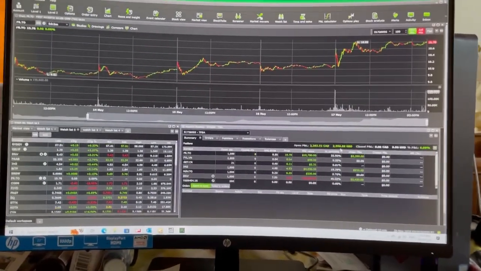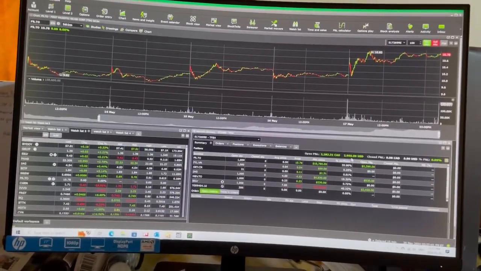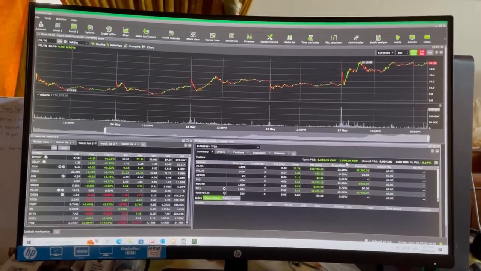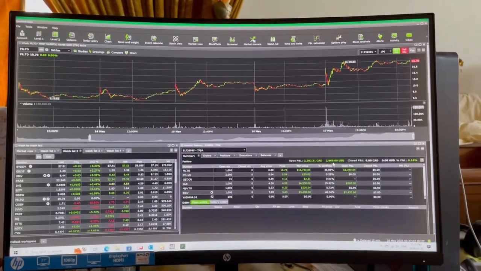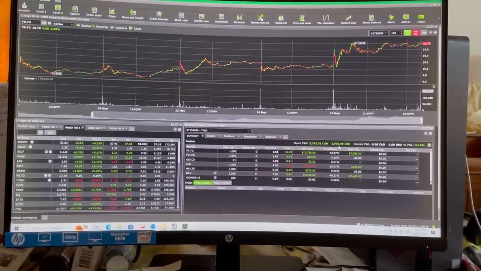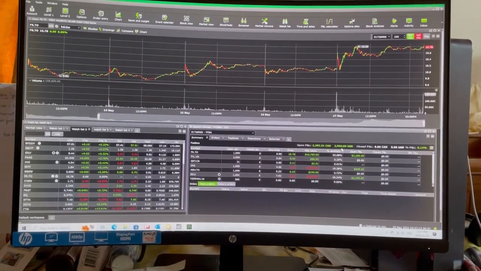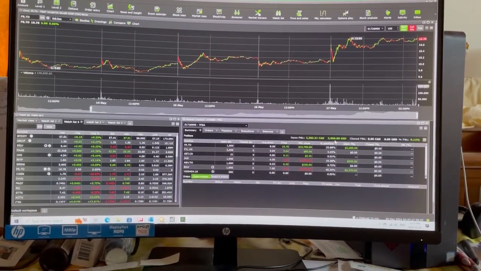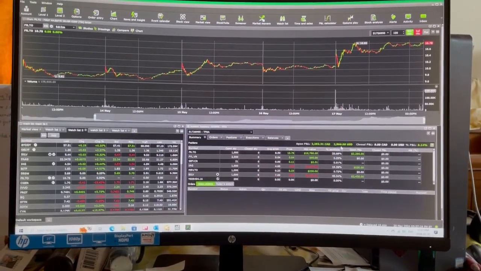There were some estimations of gold going to like 4,000. Some people are saying 10,000. Some people are saying 20. A lot of people are calling for triple digit silver right now. Silver going to 100, even 200, 300. All this is very possible.